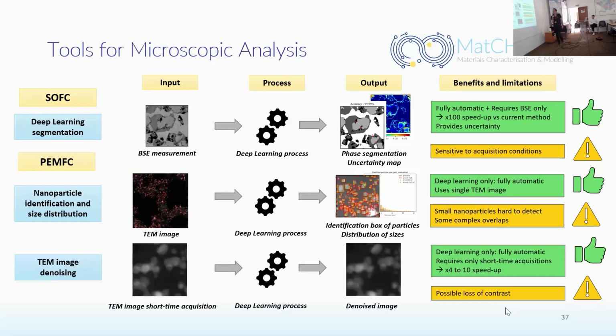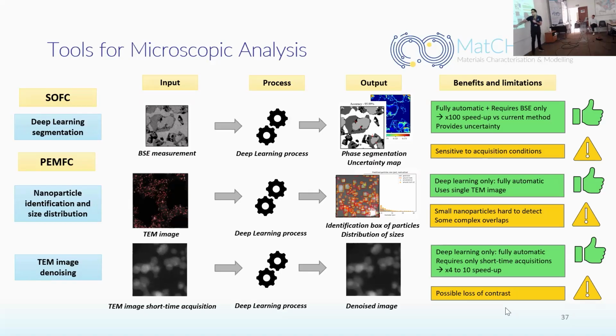And finally, the last tool is also dedicated to tomographic electron microscopy. Again, here it's more to accelerate the acquisition process. For this kind of acquisition, we need a certain time of acquisition to have a good signal to noise ratio.